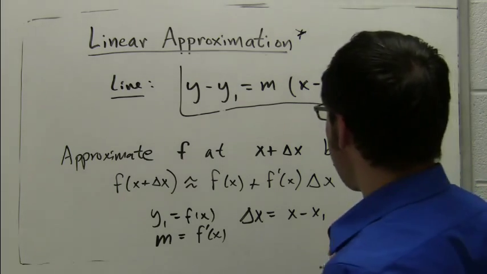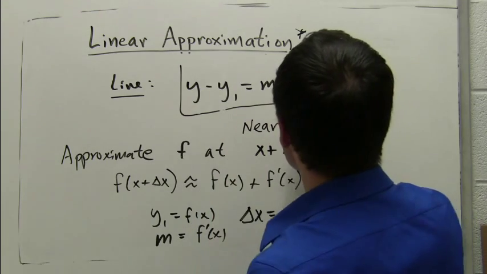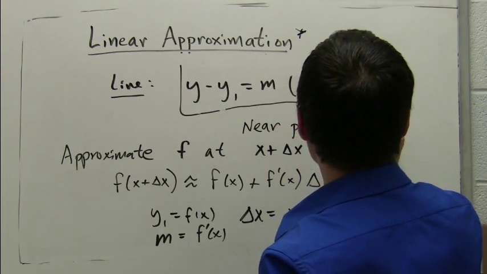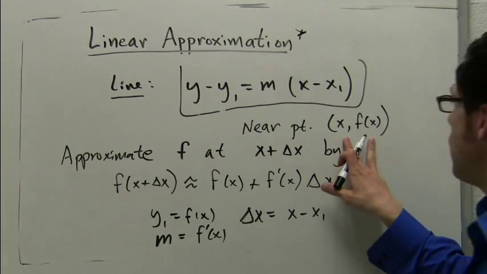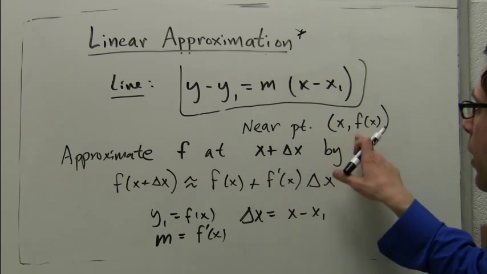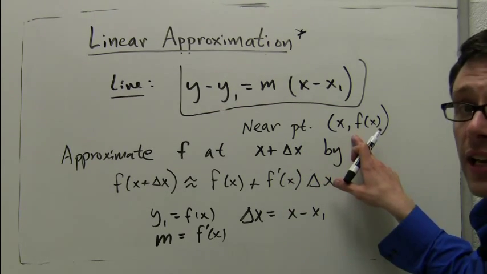So in fact, we approximate near the point x and f at x. Nearby that point, any point nearby, if delta x is small enough, we can approximate in a linear way. We can linearize any nonlinear function.